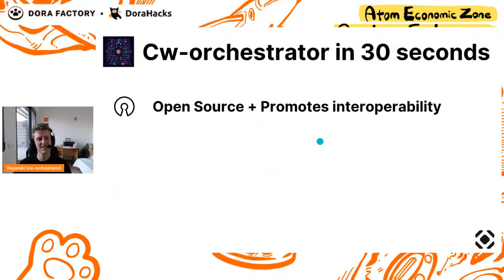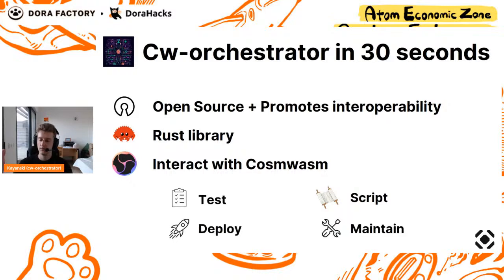On the next slide, Orchestrator is a tool that solves this issue. It interacts with CosmWasm, is open source, promotes interoperability, and is a Rust library, so we stay inside CosmWasm and inside Rust, and it does everything you need with CosmWasm. You can test, script, deploy and maintain contracts with it. It's a perfect all-around tool.